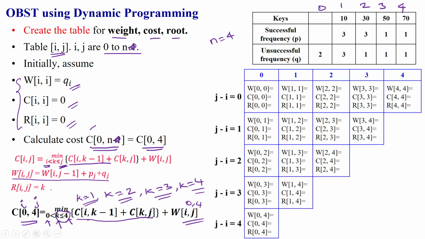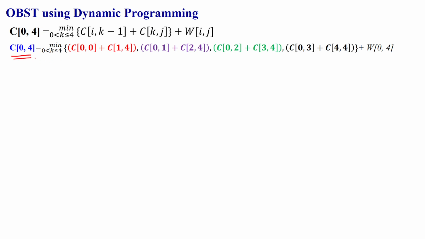Based upon this, here we have to construct the table 0 to n, and 0 to n is 0 to 4. Here you see 0 to 4, right? Index values. So how do we identify the row index values? The row index values we can identify based upon this formula, right? So based upon that formula, I am substituting for c of 0 comma 4. First I am calculating for k equal to 1.